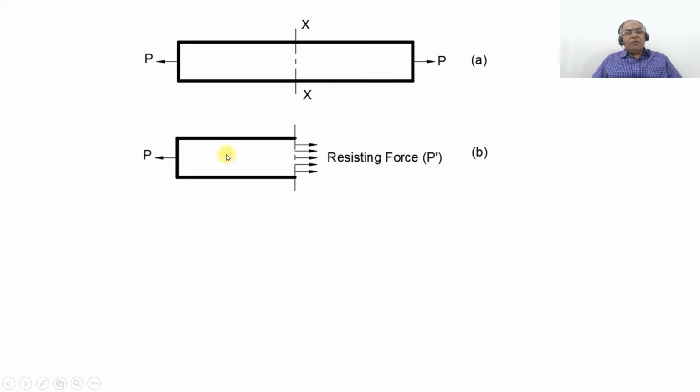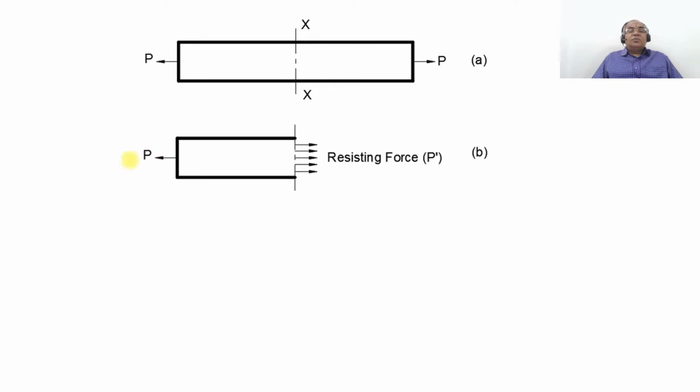So the body will not be in equilibrium because the load is applied along the left hand side. Due to this, the member will try to move towards the left side. But according to the equilibrium condition, if the resisting force has a magnitude equal to the applied force, it will be able to withstand the external force, and the body will be in equilibrium.